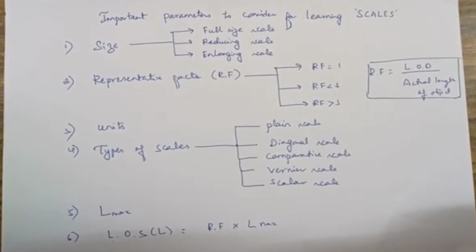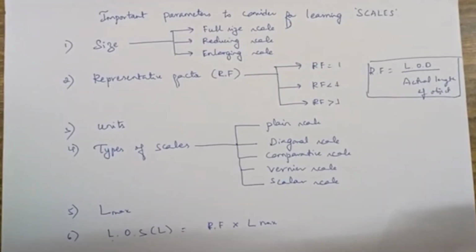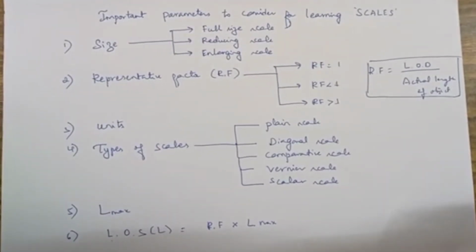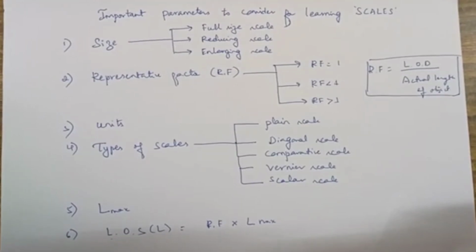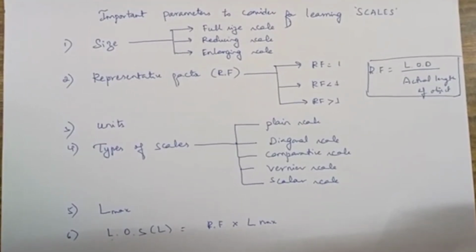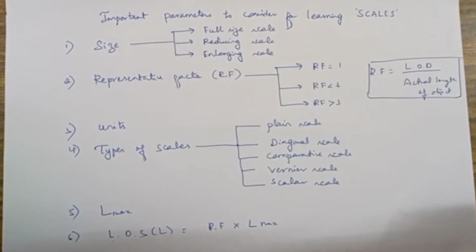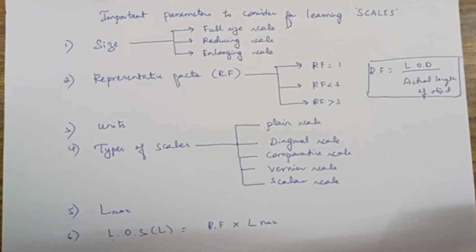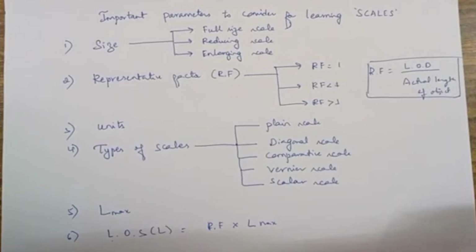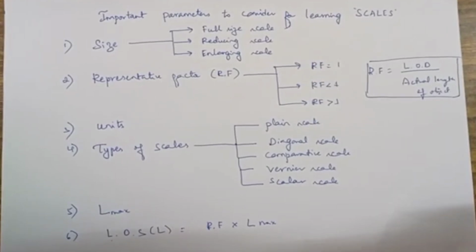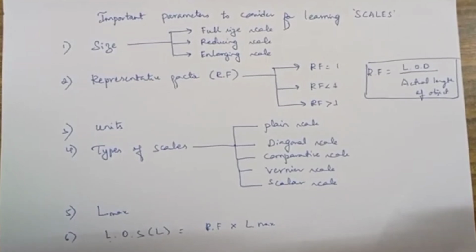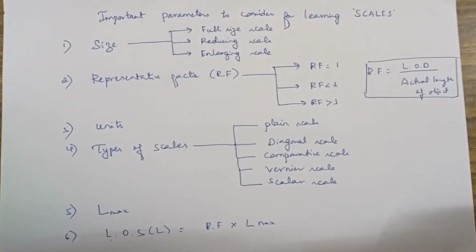Using the representative factor we can reduce the maximum size into the required size, and we can enlarge the minute size into the actual scale. Using the different types of units we can do the conversions. Different types of scales are used based on the requirement, like plane scale, diagonal scale, comparative scale, vernier scale, and scalar scale. And Lmax is nothing but the maximum length of the object we should consider when drawing it.